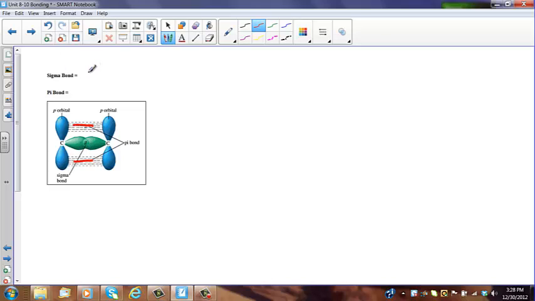So, am I going to test you on exactly what a sigma bond is? No, but you should know what it is. This was the symbol, okay? So the electron pair is shared in an area centered on a line running between the atoms.